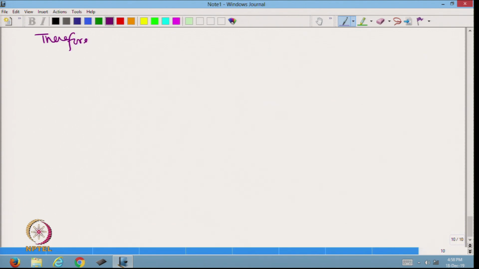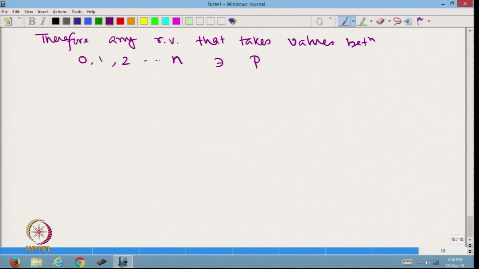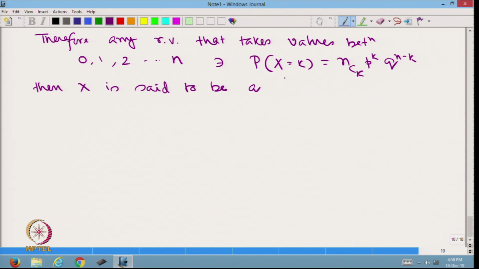Therefore, any random variable that takes values between 0, 1, 2 up to n, such that probability x is equal to k is equal to n c k p to the power k q to the power n minus k, then x is said to be a binomial random variable with parameters n and k.